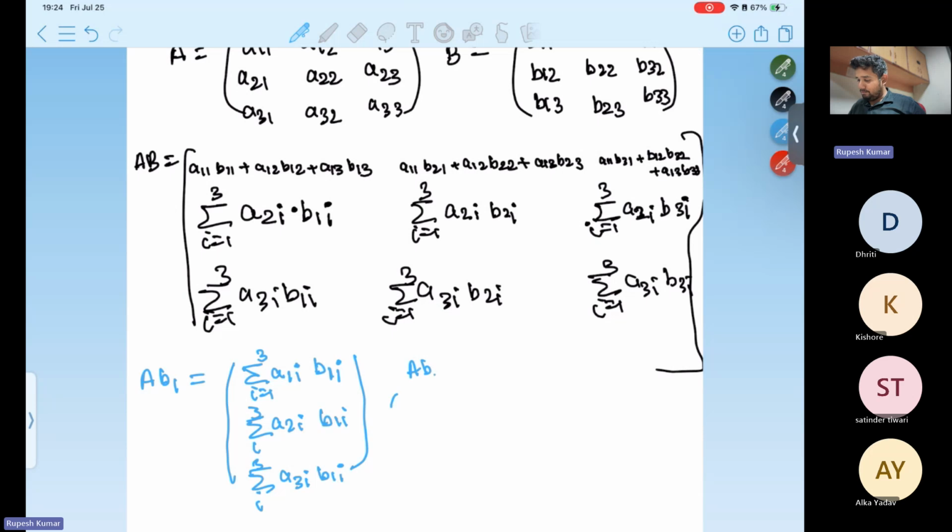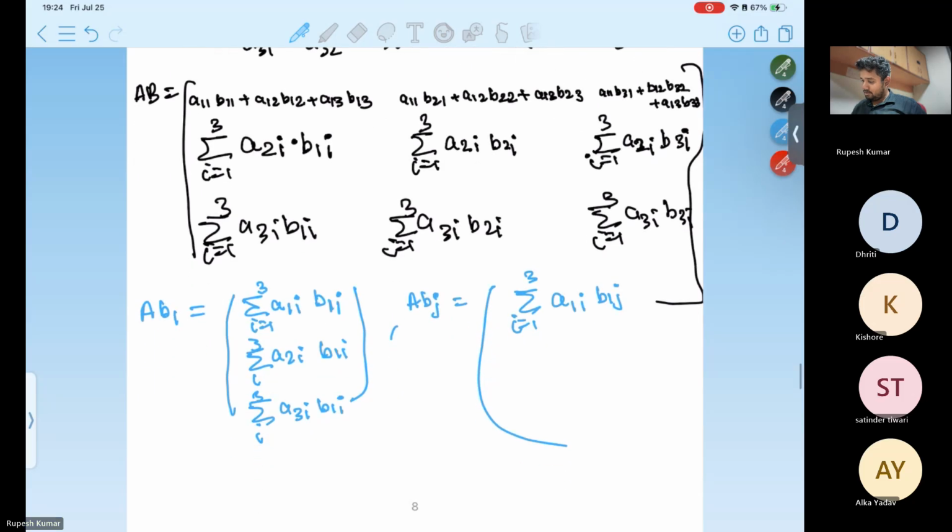Similarly, you can define AB2 and AB3. So I can always write ABJ like this, and this will be equal to summation I equals 1 to 3 A1I BJI, then summation I equals 1 to 3 A2I BJI, again summation I equals 1 to 3 A3I BJI.